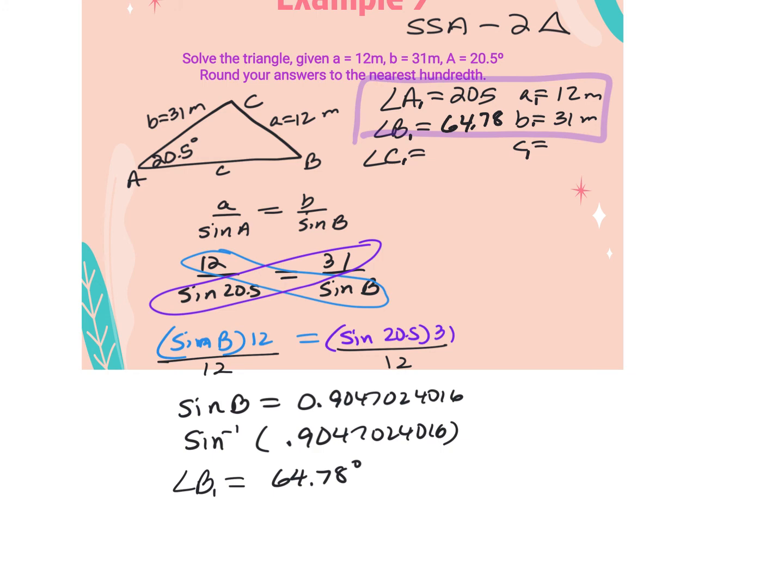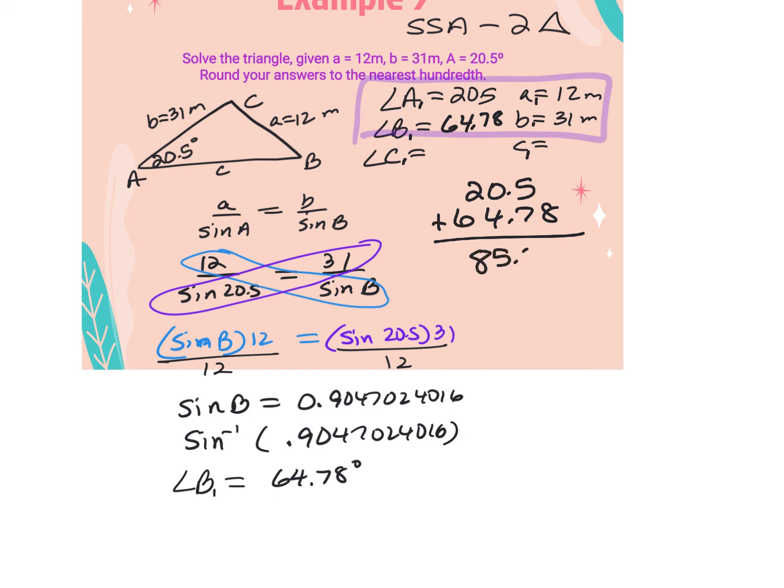Now what we need to do is do another proportion to finish this one up. And then I've got to go back and check to see if there's a second triangle. So for angle C and side C, for angle C, I'm just going to add the two angles I have. So I'm going to add 20.5 plus 64.78.